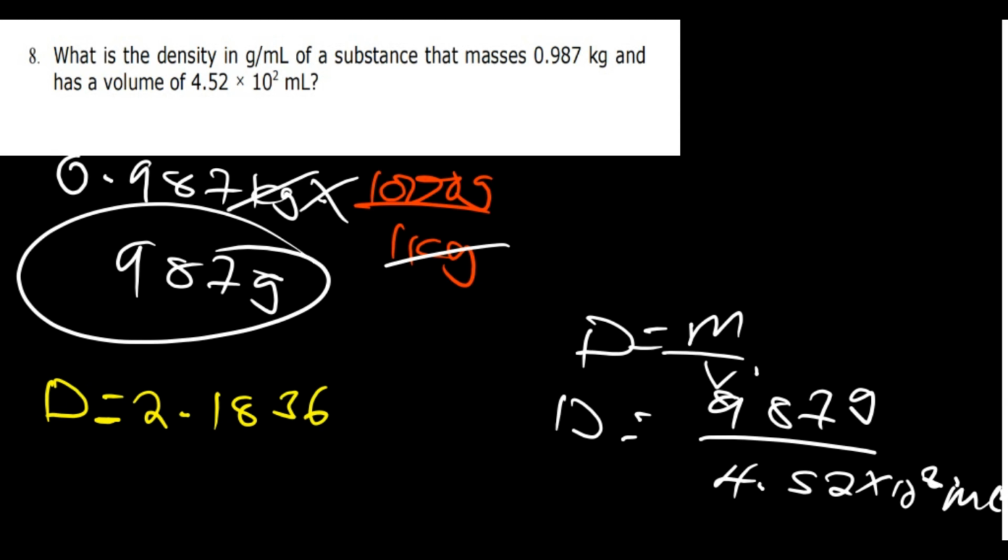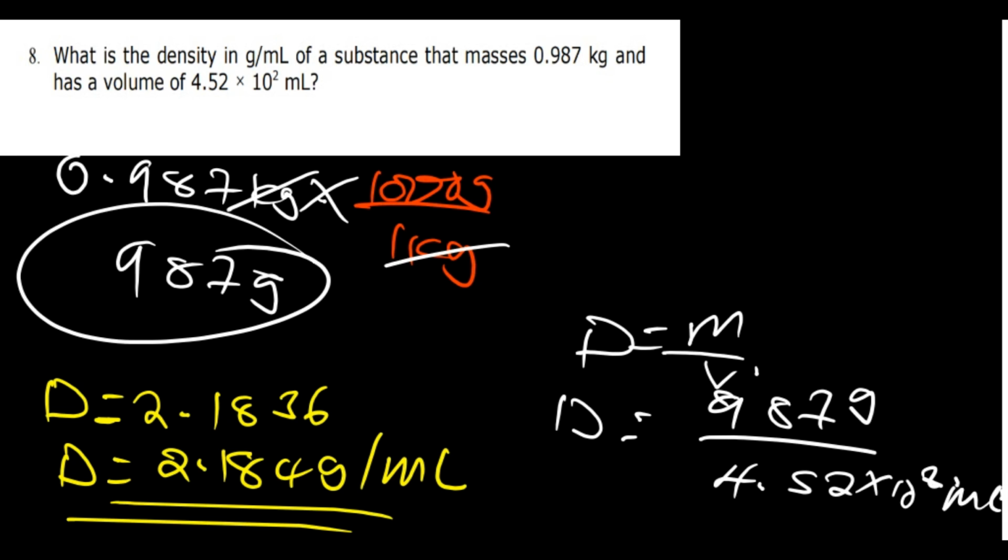Okay, so I can round it off because this is in three significant figures, so we need to leave our answer in the same. So our density will be 2.184 grams per mL. Okay, so that is our density. So that is it for question 8.